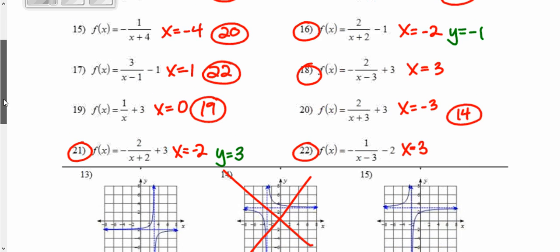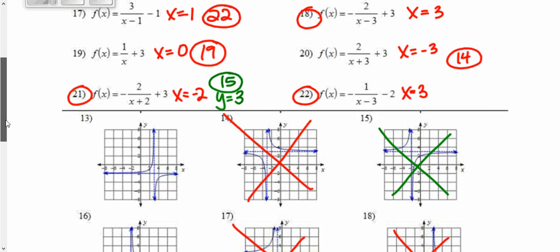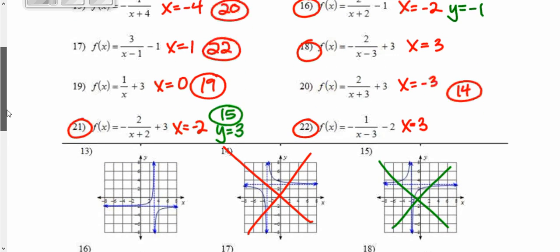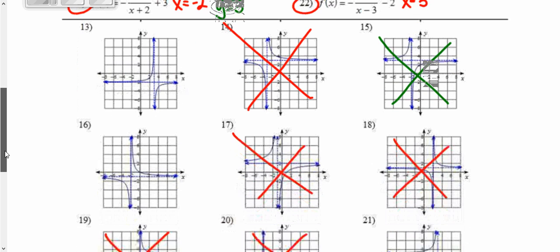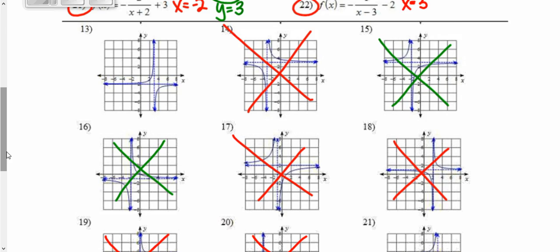So I'm going to look at 15, the graph. It has a vertical asymptote at negative 2, but I can see that the horizontal is at 3. So I can match that with number 21, which means for 16, I'm looking for the only other vertical asymptote at negative 2, which is 16.